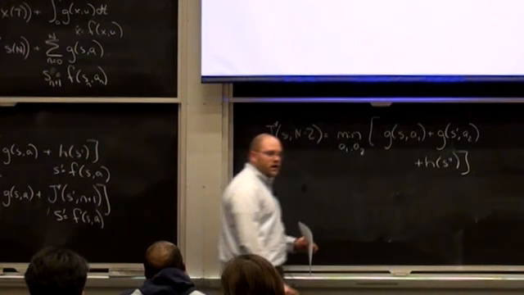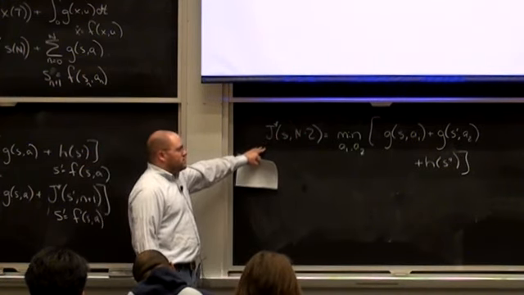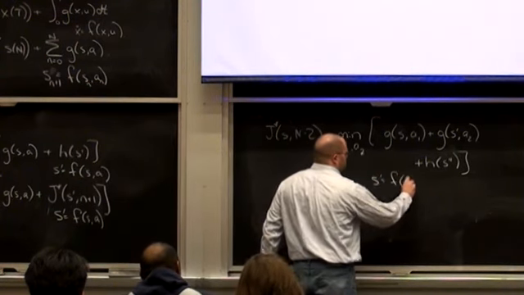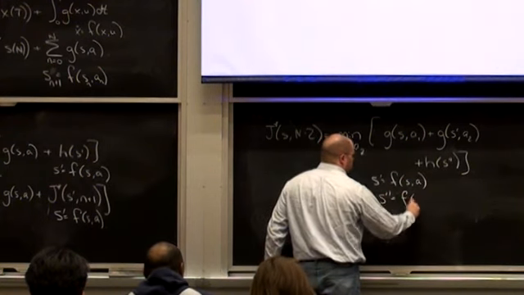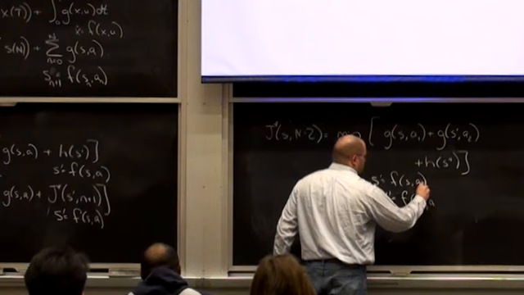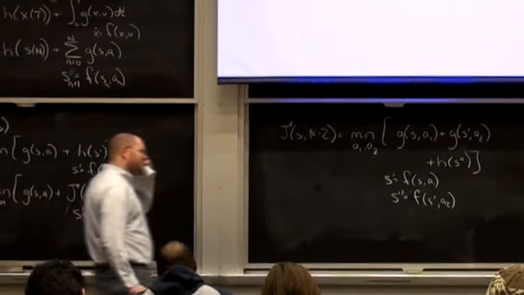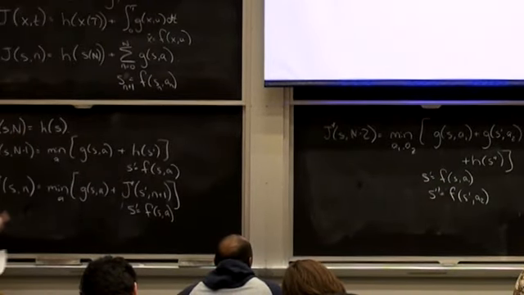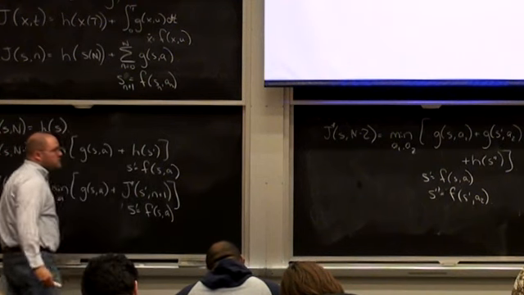That's my minimization I'm trying to solve in order to find the optimal cost to go, where S prime is f of S, A1, and S double prime is f of S prime, A2.